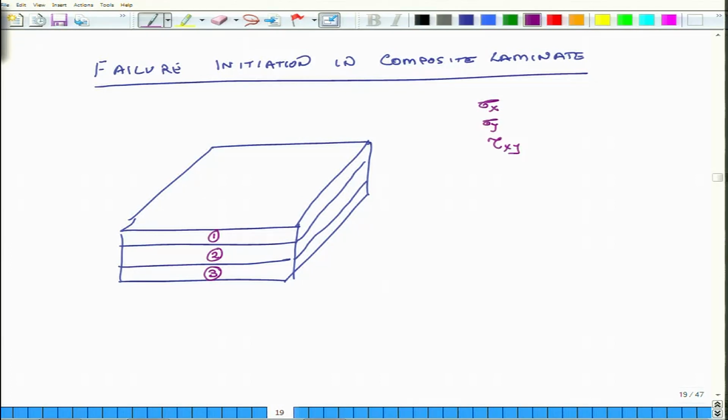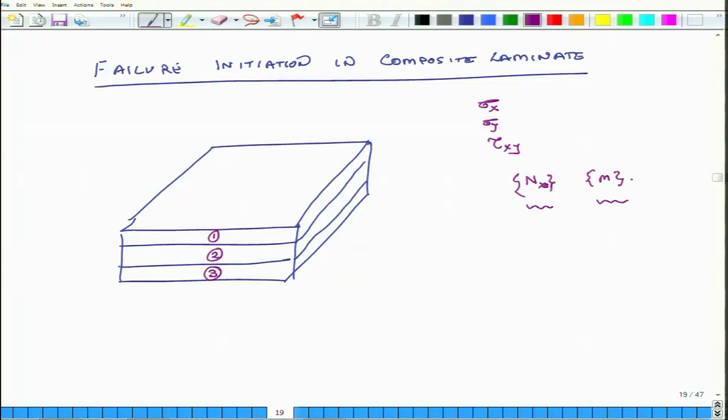But at the laminate level, whenever we analyze composites, we never worry about sigma x, sigma y and tau xy at the laminate level. We always talk about force resultants and moment resultants. So, if I have to predict the failure of a composite laminate, I should know N and M, which are the force resultants and moment resultants acting on all the edges of the plate.